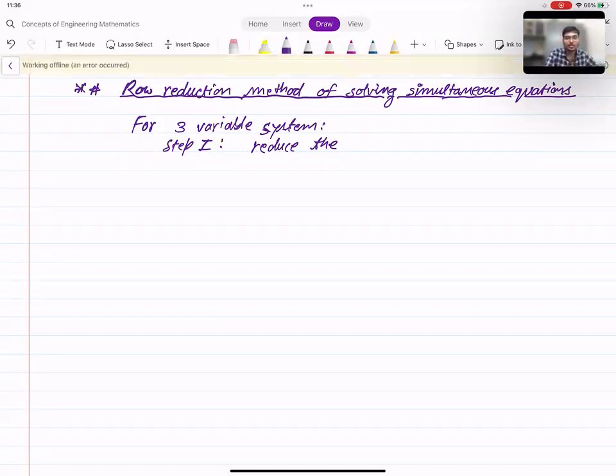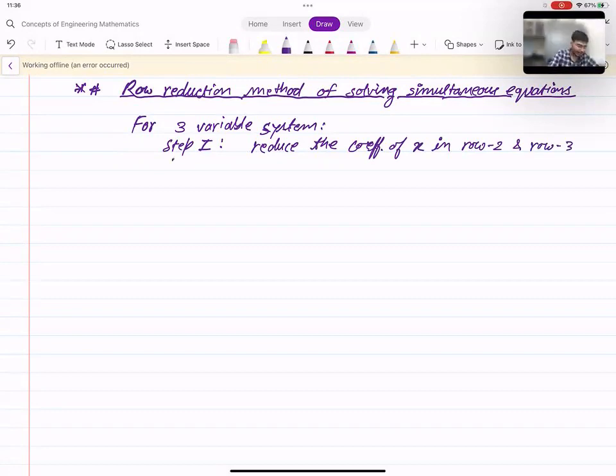Means we are first assuming x, then y, then z. In that case, we will reduce the coefficients of x in row 2 and row 3.